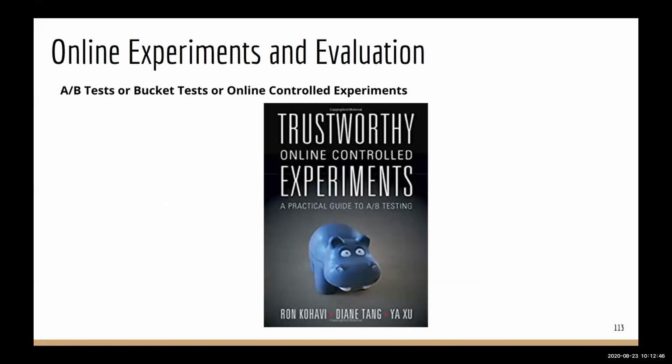And as Munia mentioned, Ron Kohavi and several co-authors this year, 2020, published a really good new book on all the nitty-gritty details of online controlled experiments. I highly recommend you read it. So here we won't repeat all the details regarding how you conduct a successful online controlled experiment.